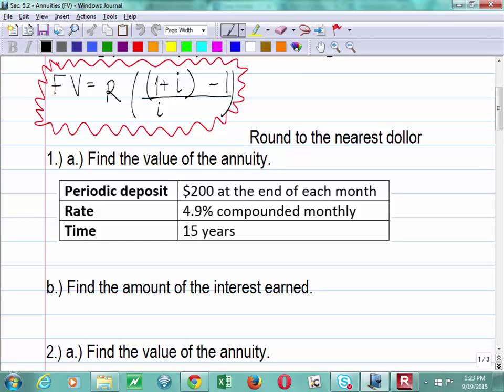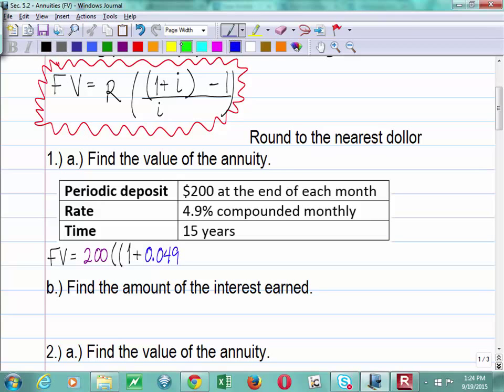So let's see, if we want to find the value of this annuity, which means we pay $200 at the end of each month at 4.9% compounded monthly for 15 years. So that would be 200 times 1 plus 0.049.